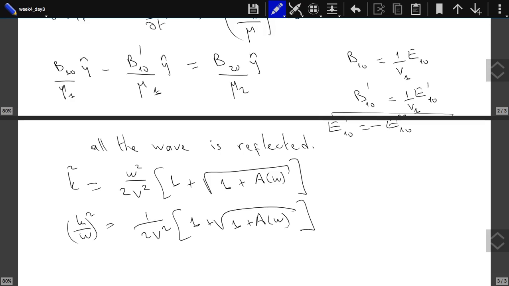Well, k over omega for a vector is the inverse speed. So the wave speed depends on the frequency. So such a medium is what we call a dispersive medium.